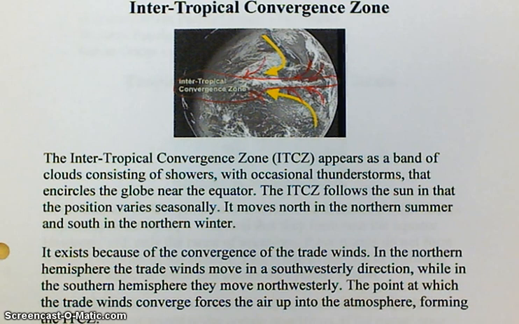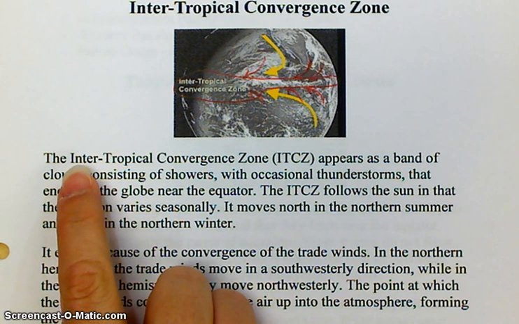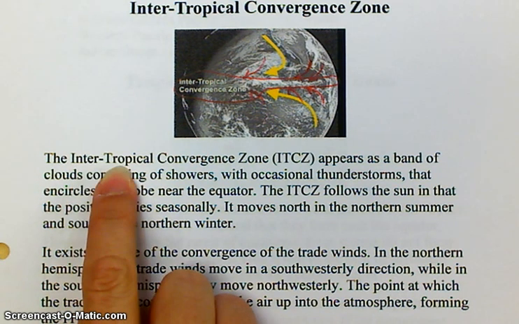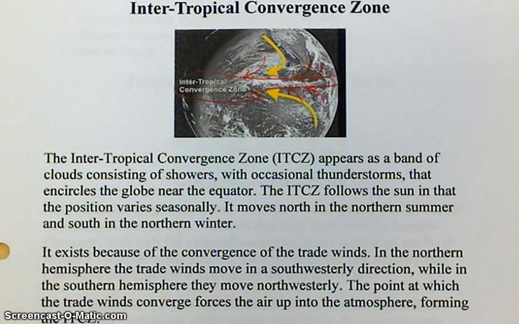So it says the point at which the trade winds converge forces the air up into the atmosphere, forming the ITCZ. Why is it called that? Because it's a zone where tropical air is converging.